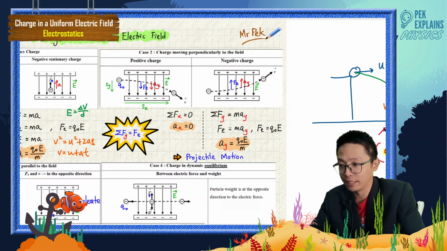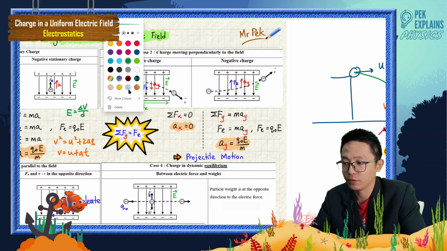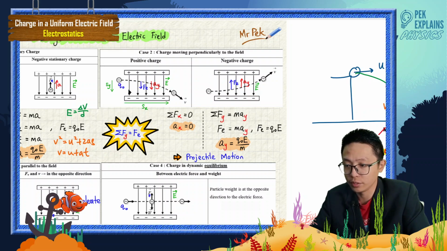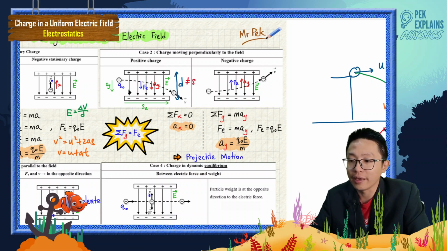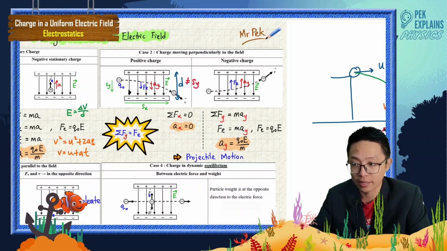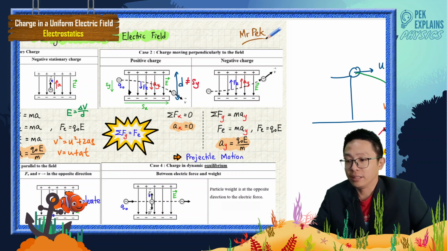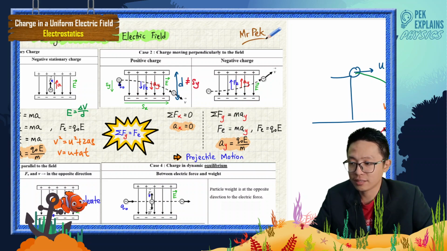One thing you must be careful here. Don't go into this trap. The separation between the two plates is d. This d is not necessarily Sy, because the charge doesn't come from one plate to the other plate.